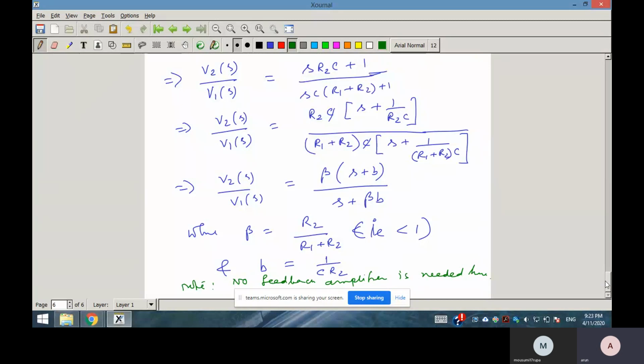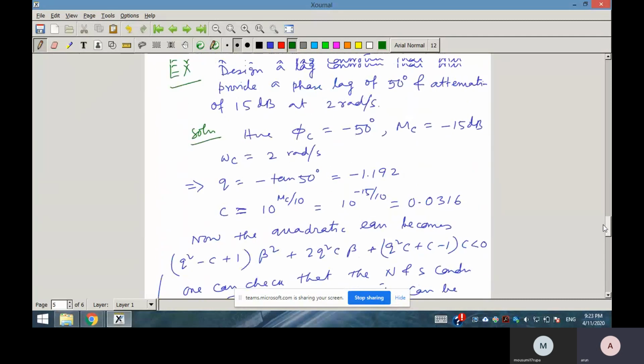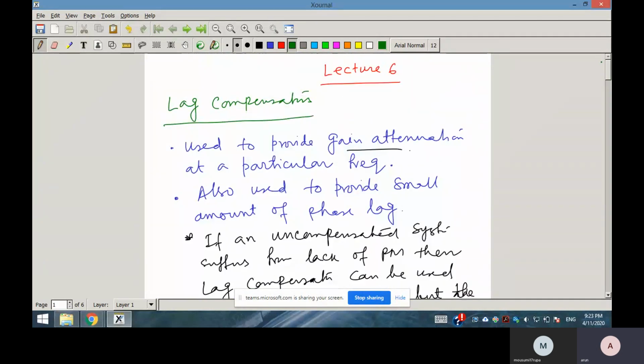Now, lead lag or lag lead, which one do we want? That we have to discuss. So I will give an introduction to the lead lag and lag lead controller.